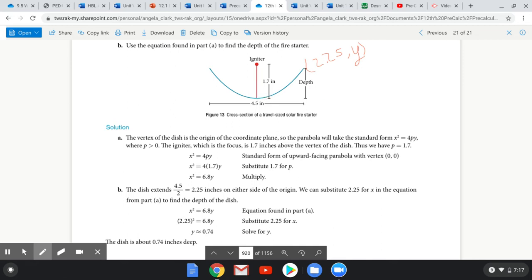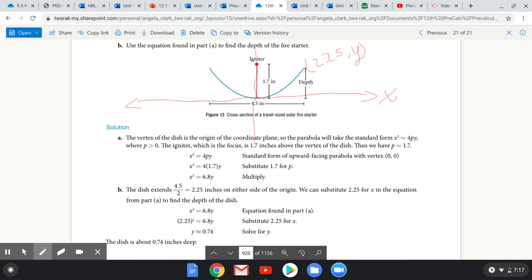If it helps, you can draw this. Not straight at all, but this is the x-axis right here.